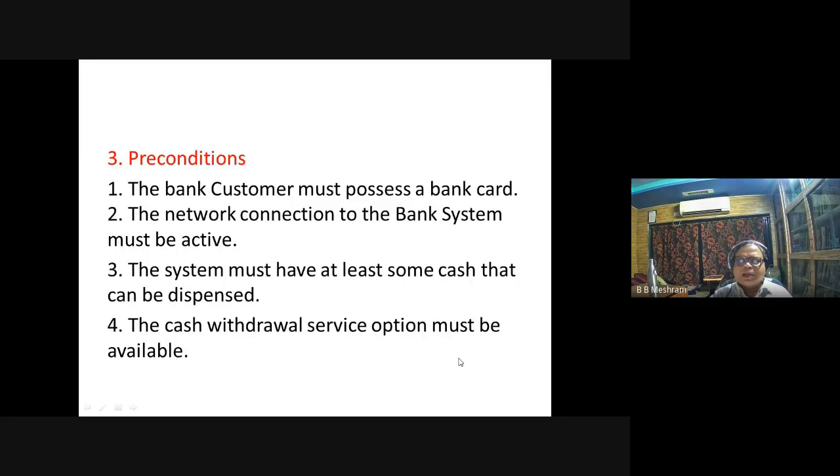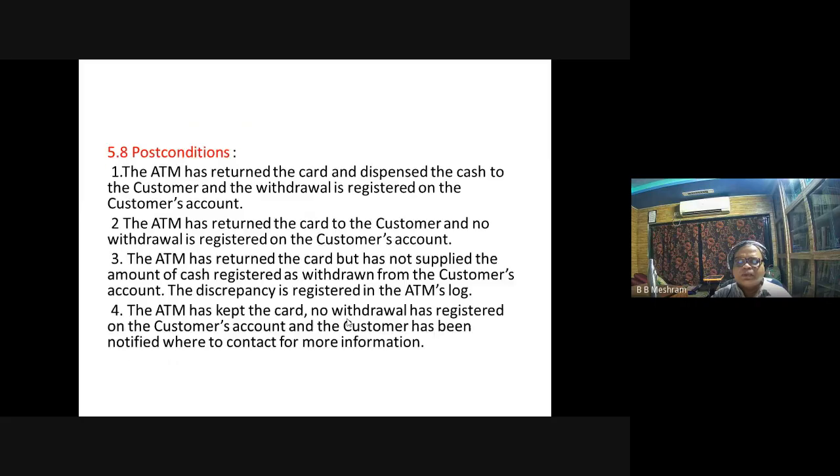So what is the precondition? Precondition is that the bank customer must possess a bank card. The network connection to the bank system must be active. Third precondition is the system must have at least some cash that can be dispensed. Fourth precondition is the cash withdrawal service option must be available.